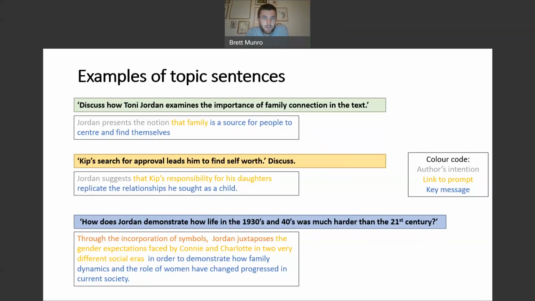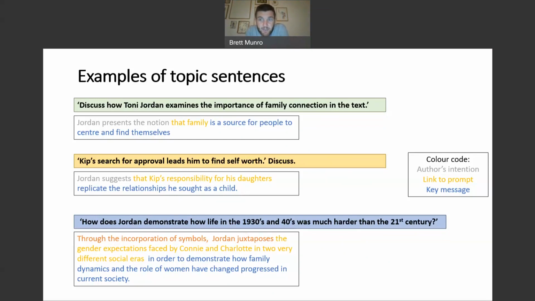The third topic sentence is in relation to the prompt, how does Jordan demonstrate how life in the 30s and 40s was much harder than the 21st century? In this case, this is a how question, so you need to explain how exactly Jordan is generating those ideas. So essentially, what literary devices is she using?